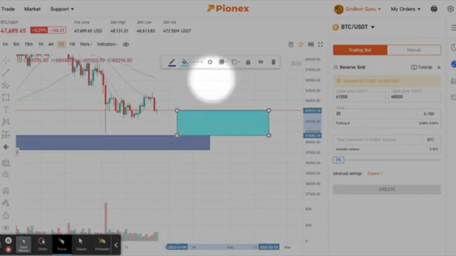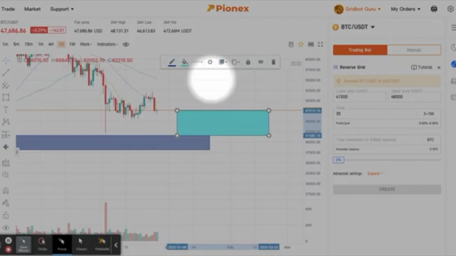So what it assumes, the bot, okay, this is where some human interaction has to happen in order to make this bot successful. The bot will assume that you already have that Bitcoin in your hand. So what I can do is I'm sitting here like I know it's got to go down to 41.5.